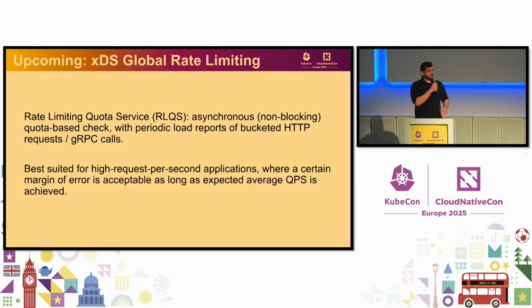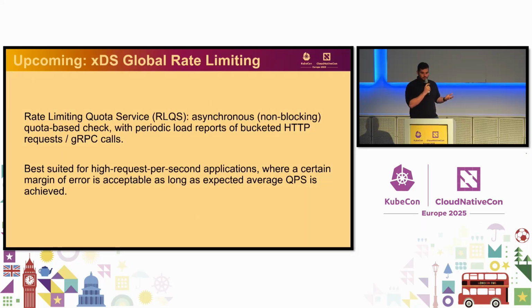Next up is xDS global rate limiting, a really exciting new capability with gRPC proxyless, and this is the first time that we are talking publicly about it. Global rate limiting is great for situations where your servers may frequently be overwhelmed by requests. Most rate limiting solutions require some kind of proxy, whether it's a gateway ingress proxy or a server-side sidecar proxy.